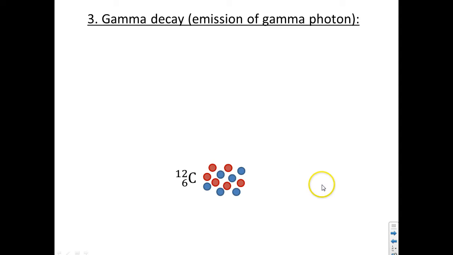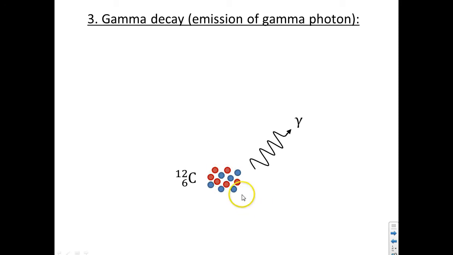Now, the last type was gamma decay, which is where a nucleus emits a gamma photon. And here's an example. We start with carbon-12, and it emits radiation, a gamma photon. And as a result, it loses some of its mass. Right? So we started with carbon-12, and we ended with carbon-12, plus some electromagnetic radiation in the form of a gamma photon.